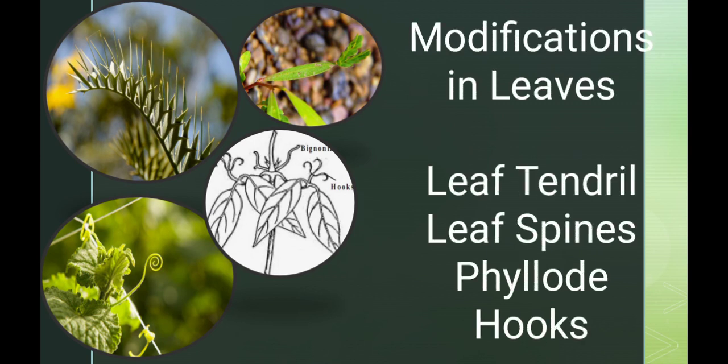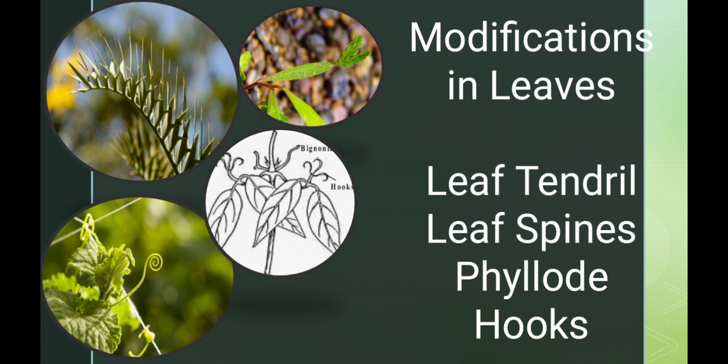Modification in leaves. Along with the important vital functions of the leaf, that is photosynthesis, exchange of gases, transpiration, etc., leaves of certain plants get modified to perform some additional functions to cope with the needs of the environment. It is of the following types. Number 1, leaf tendril.